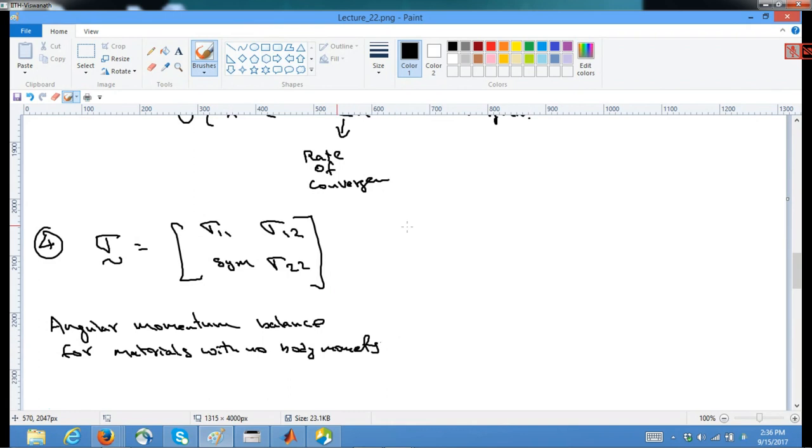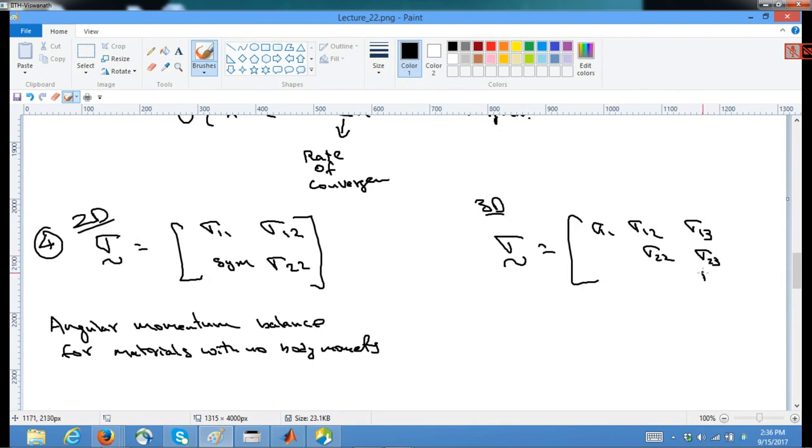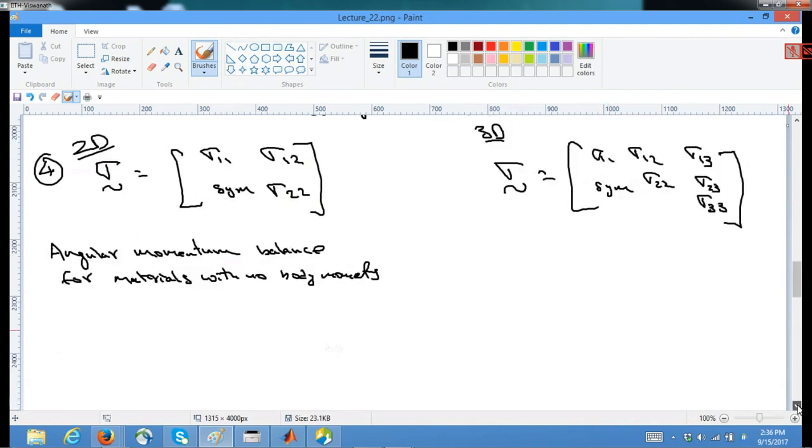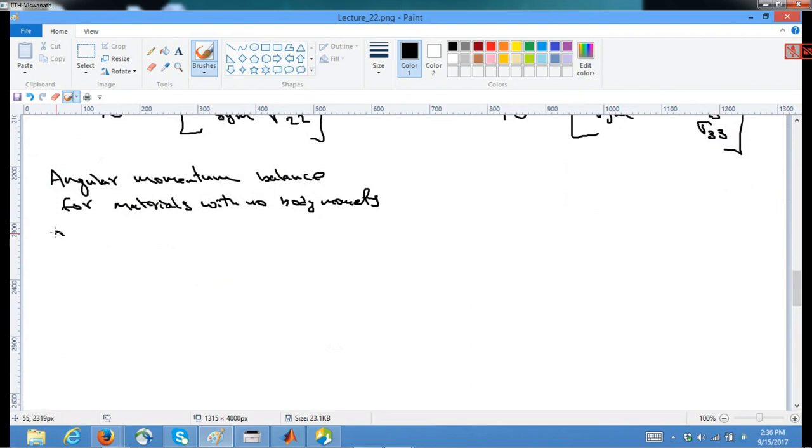Similarly, this is for the 2D. For the 3D, sigma would be sigma 11, sigma 12, sigma 13, sigma 22, sigma 23, and sigma 33, this being symmetric.